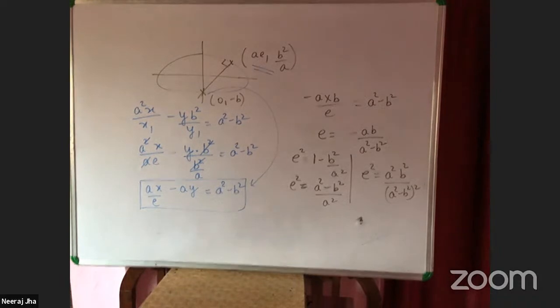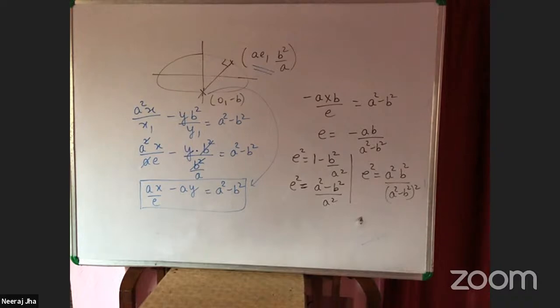I want the answer in e only. And that means I have to eliminate a upon b or b upon a. How will I do it? ae comma b square by a square into x upon x1. I have to eliminate b and a in this.